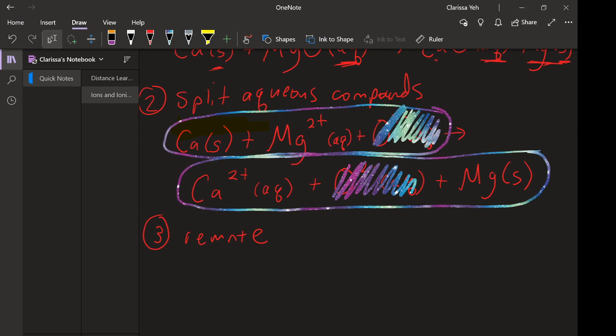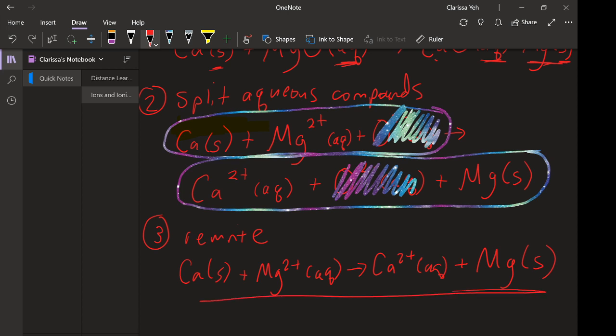I'm literally just rewriting it without my O2- because they were cancelled. So Ca solid plus Mg2+ aqueous, arrow, Ca2+ aqueous plus Mg solid. And that is my final ionic equation.